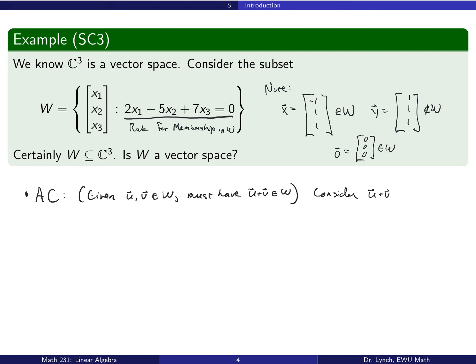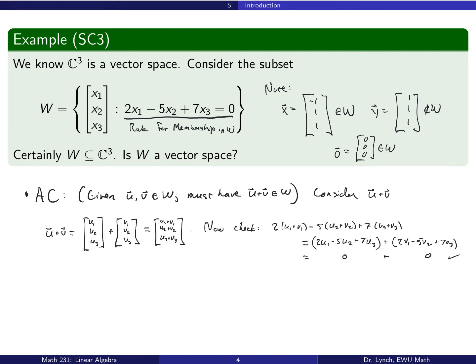Okay, so let's talk about this additive closure property. Given u and v elements of W, we must have u plus v is an element of W. We know how to do vector addition in C3, so let's write down what u plus v is first.